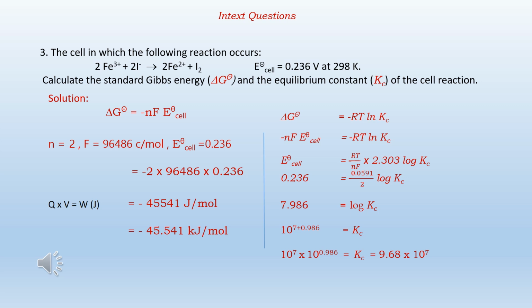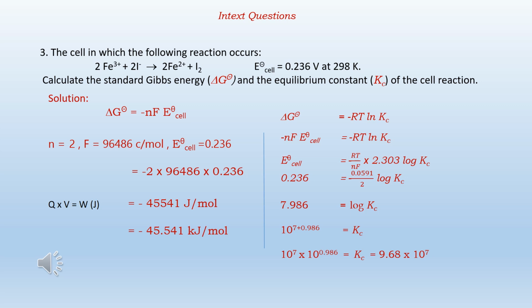Then in the next step, I have moved the log value to the right hand side. The log has base 10, so 10 raised to the power of that value. 10 power 7.986 can be written as 10 power 7 plus 0.986.